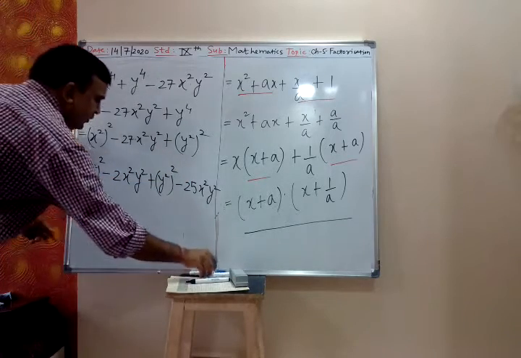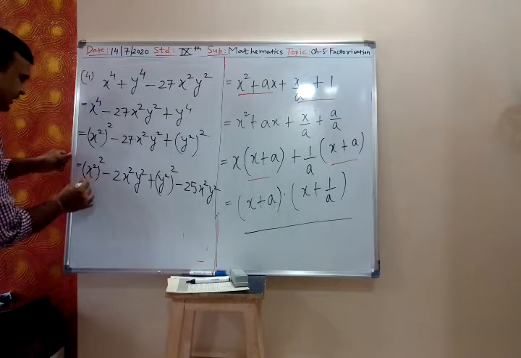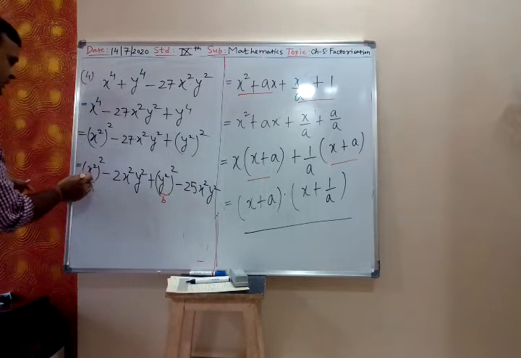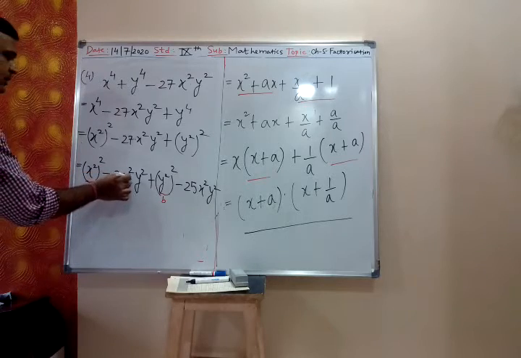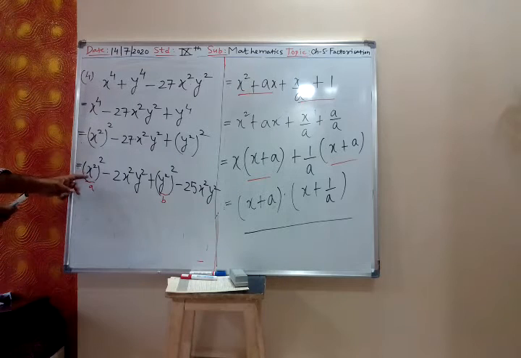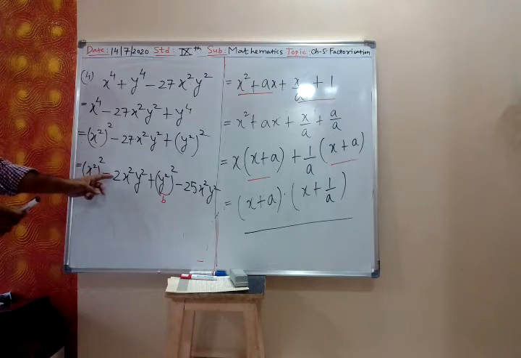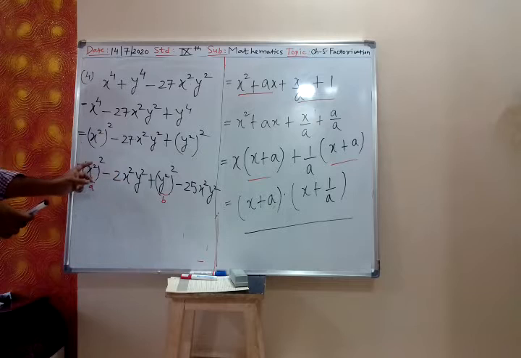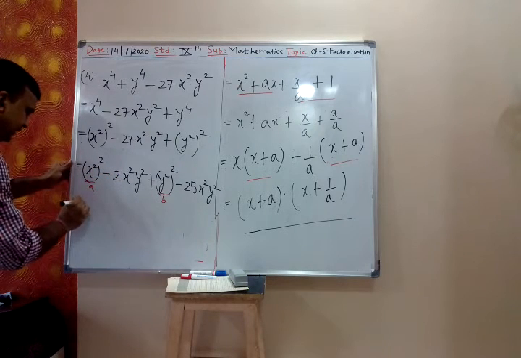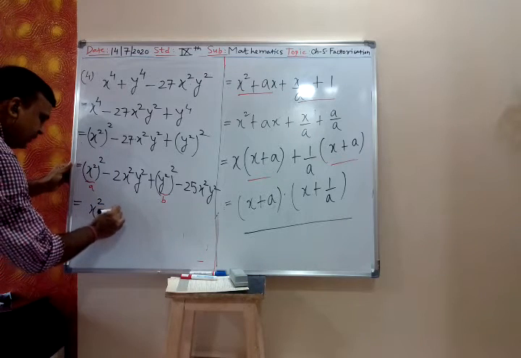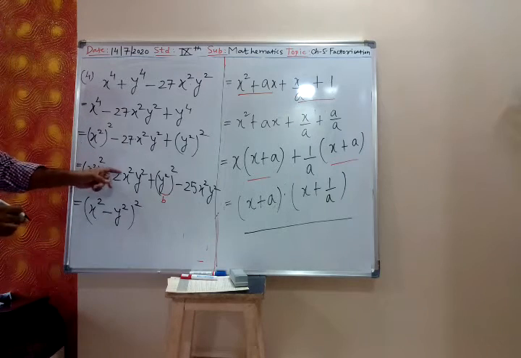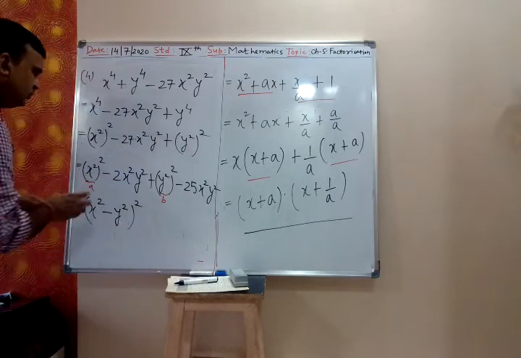Now the first three I will take together. This is my a and this is my b. So this is a square minus 2ab plus b square. What is that? x square minus y square whole square.